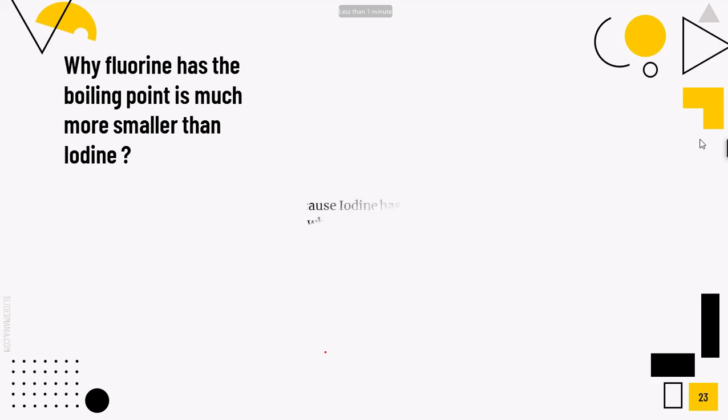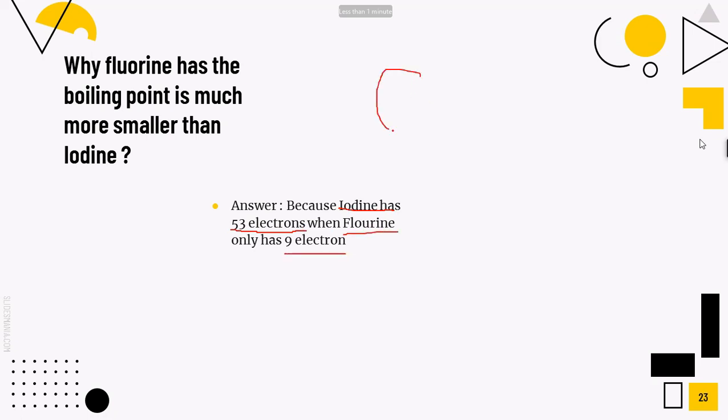Because iodine has 53 electrons while fluorine only has 9 electrons, and we had considered it before.